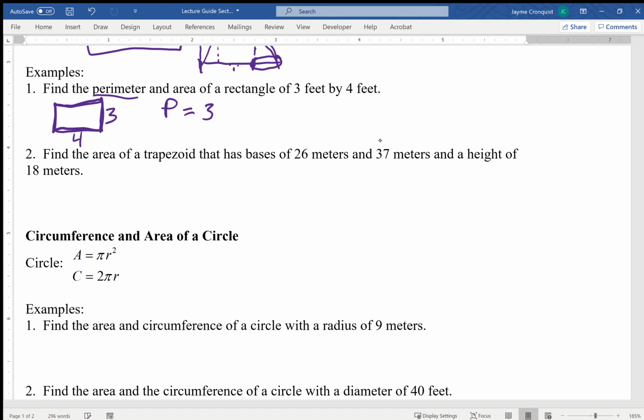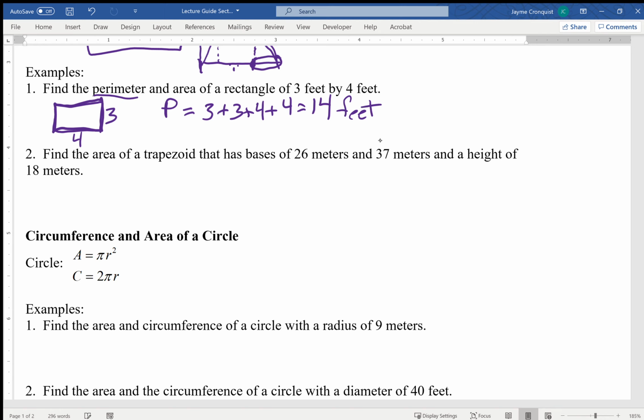So 3 plus 3 and 4 plus 4. All right, both sides. That's why it's 2 widths plus 2 lengths. So this is going to be 8 and 6 is 14 feet.